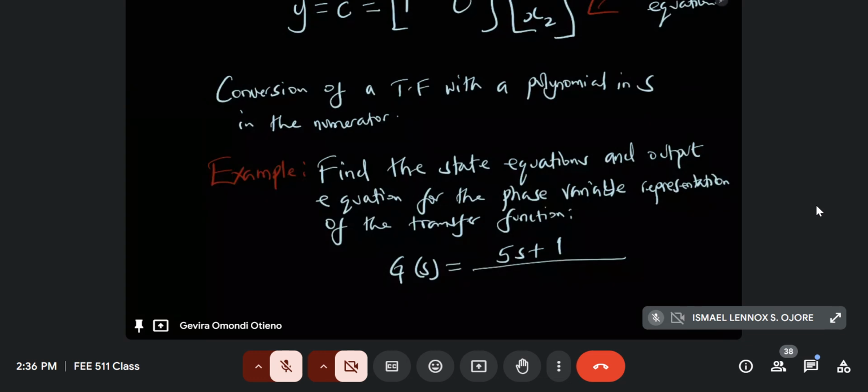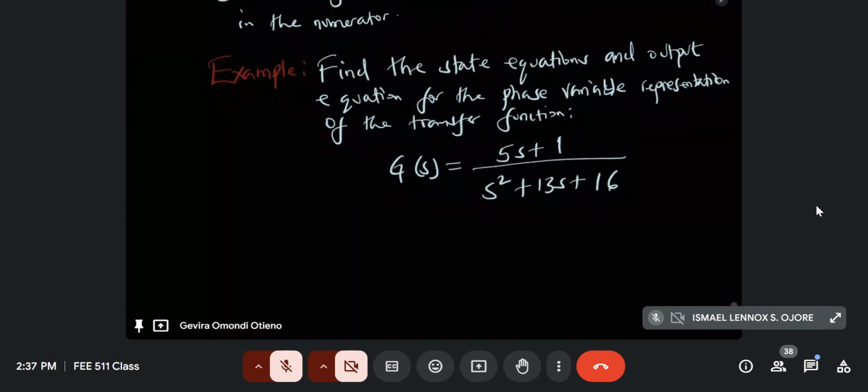So you can see that the numerator is not a constant now. It has a polynomial in S. Good. And it's a good 6 marks.